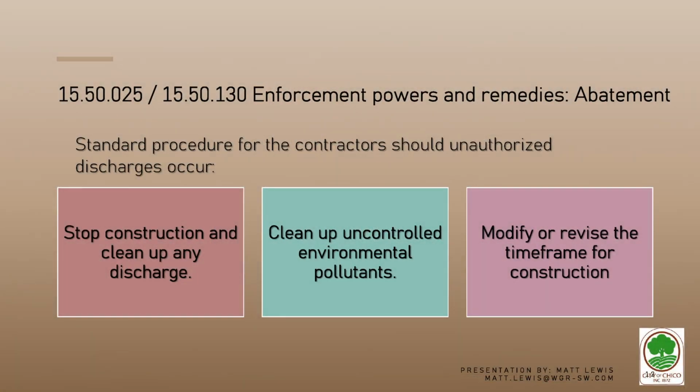Furthering just a bit more, should a discharge on site occur, the procedure and remedies include that an inspector can command, like I said, the abatement and cleanup of the site's unauthorized discharge, spill, or pollutant release within 72 hours of notification. High-risk spills should be cleaned up as soon as possible.